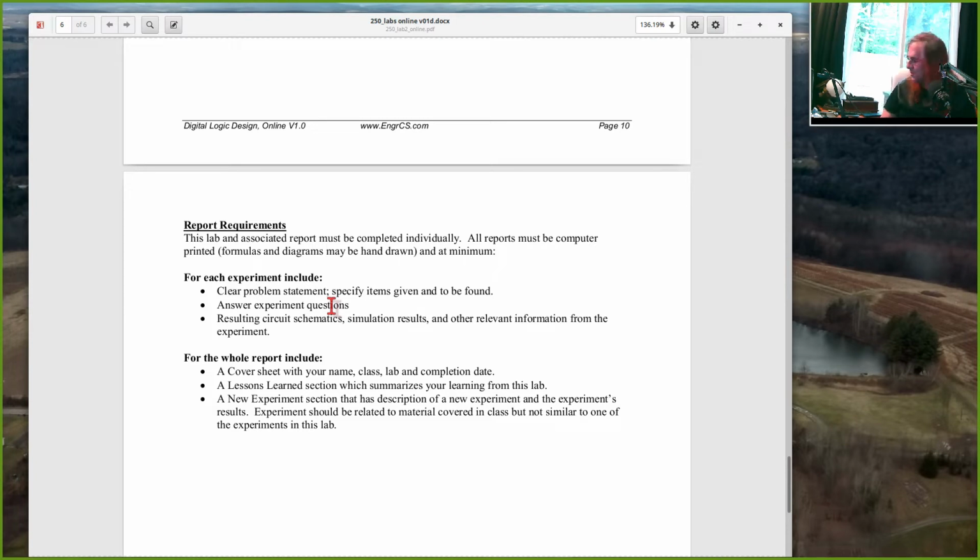People were running into issues, and those are really great points to come by office hours or lab hours, right? If you've got a set of equations and you're not sure how to build a circuit to implement those, that's definitely something we should talk about. That's part of this course. If you've got a truth table and you don't know how to come up with equations, that's definitely something we should talk about. That's part of this course.